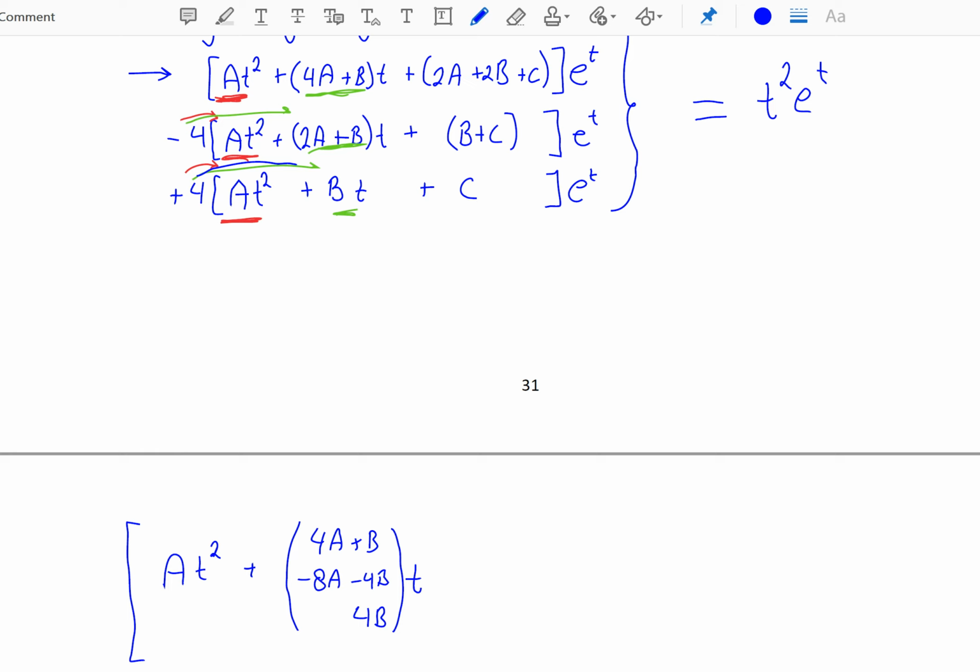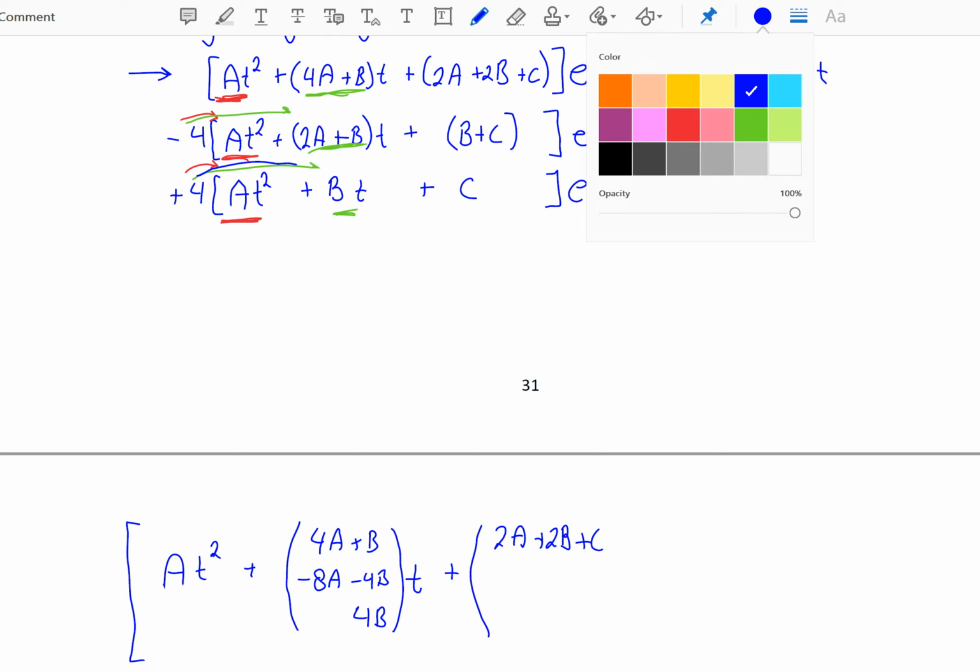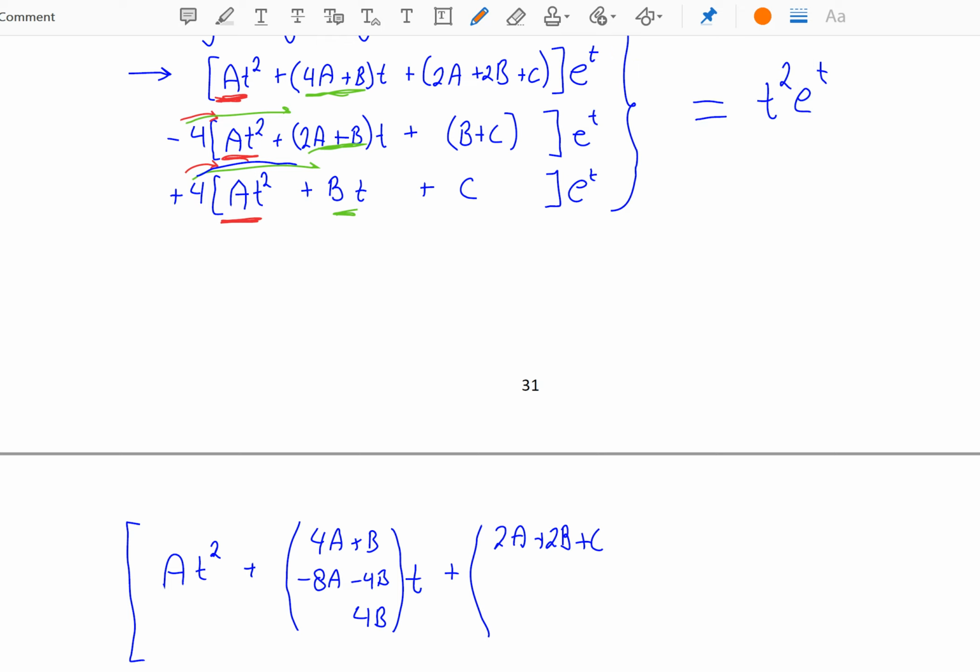And now let's grab our constant terms, which I think will be 2a plus 2b plus c. And we're going to have to multiply this 4 all the way times this group of constants, and this 4 times this constant.